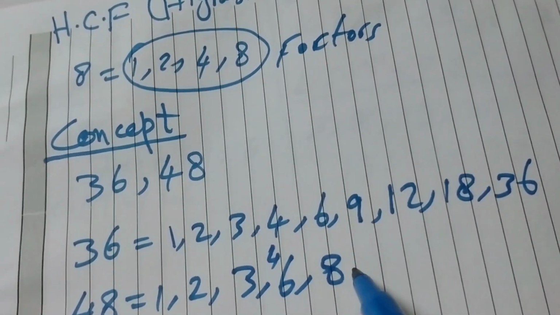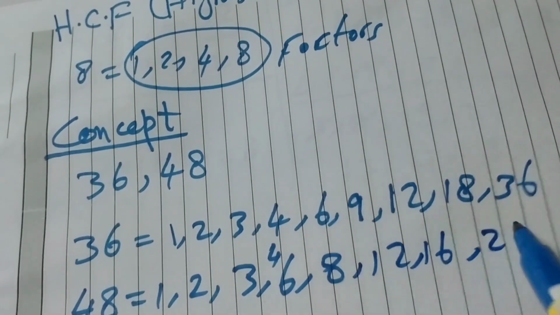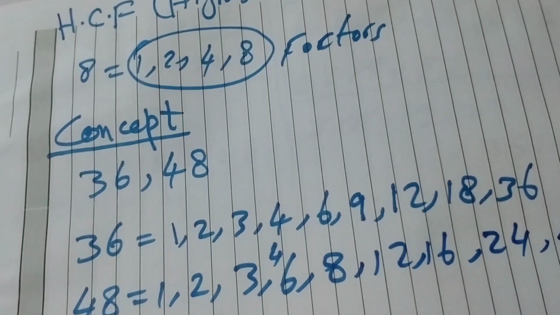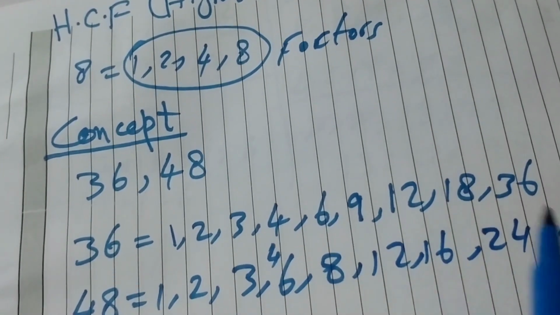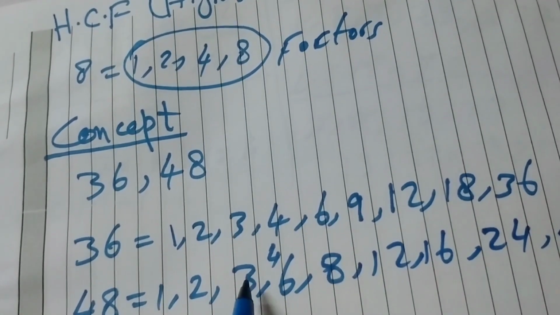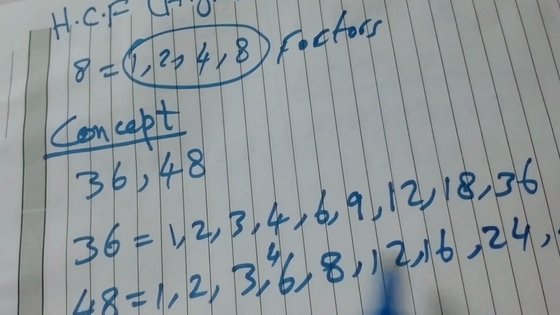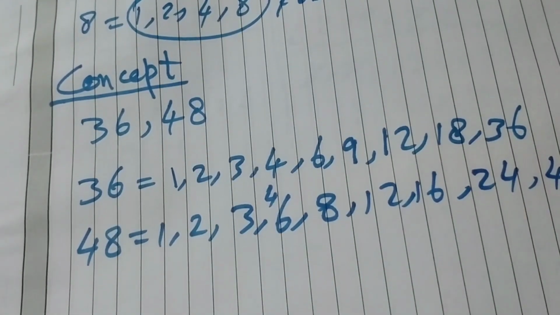So 8 and 12 and 16, 24 and 48, all are factors. 2 times 24 equals 48. 3 times 16 equals 48. So all these are the factors of 48.